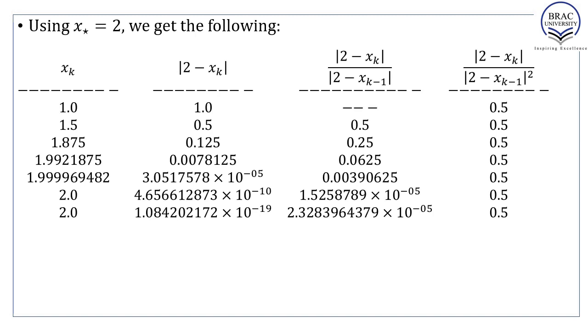I can see very clearly that after 6 iterations the error is less than machine epsilon. That's why it is superlinear.